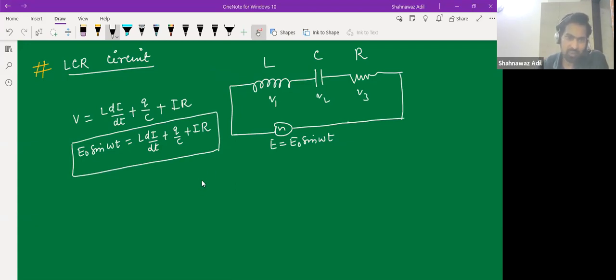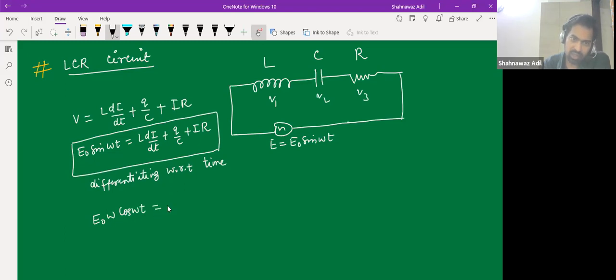If I want to solve this equation, because this is Q, I have to differentiate this equation further with respect to time. So this would be E naught omega cos omega t.